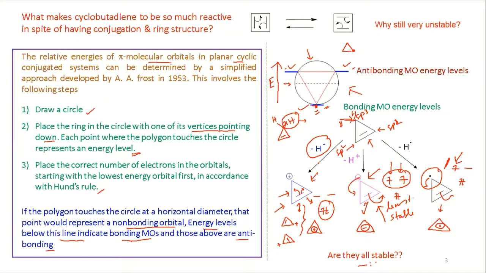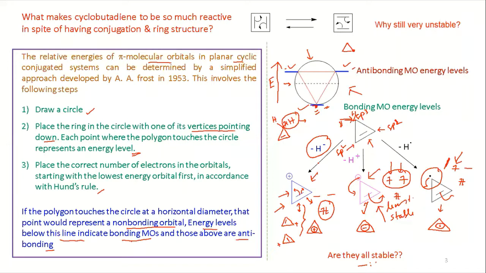That makes the system very reactive or unstable. And I think you already know the bond order. If you have more electrons in the anti-bonding, your bond order is decreasing, making the molecule very unstable. So these are the fundamental parts.